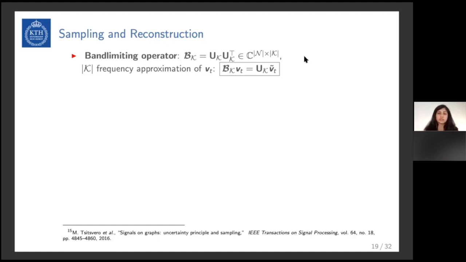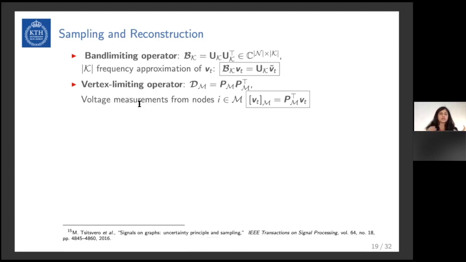What is a band limiting operator? It is when you're only choosing certain graph frequency components of a graph signal, and this band limiting operator is doing exactly that. It's a k-frequency approximation of this graph signal.